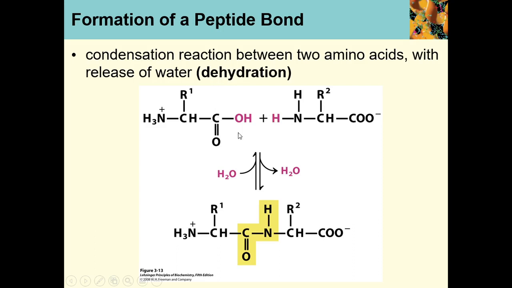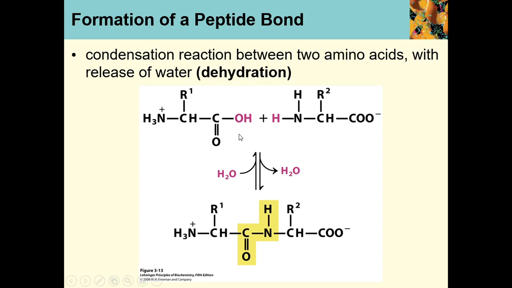This involves linking the amino group of the second amino acid with the COOH, or carboxyl group, of the first amino acid, and in the process there is a release of water.